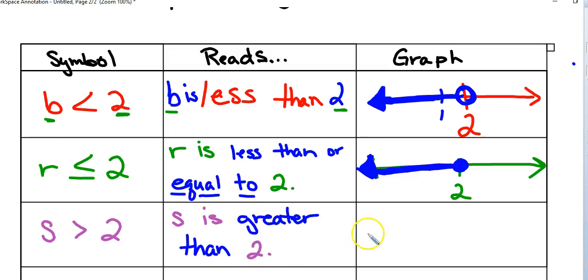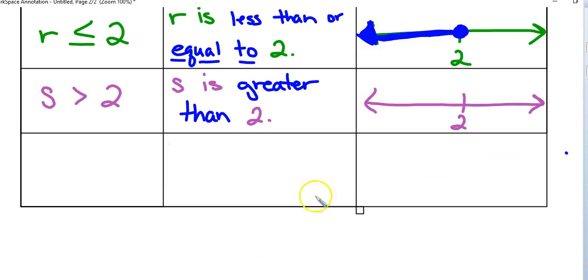Just like so. Putting it on the number line, again, keeping in mind that this 2 is not constant. It just depends on what value we have in our inequality statement. All right. Now, what kind of values can S be? Can S be 2?